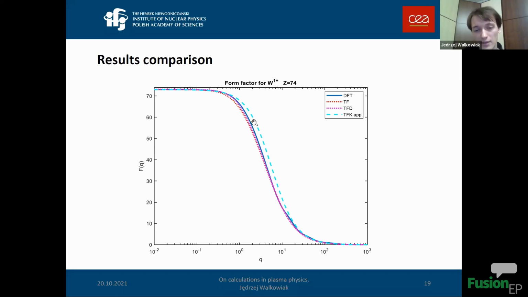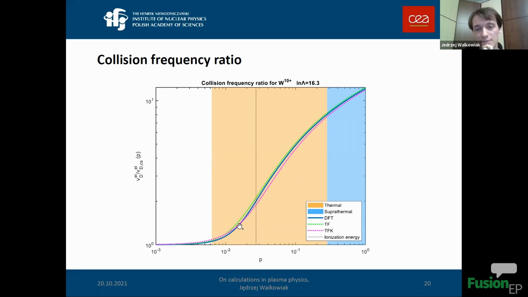And if we calculate the collision frequency ratio, we will get quite a reasonable representation of the collision frequency. As a word of explanation, the collision frequency ratio is the ratio of the collision frequency calculated with partial screening and without partial screening.